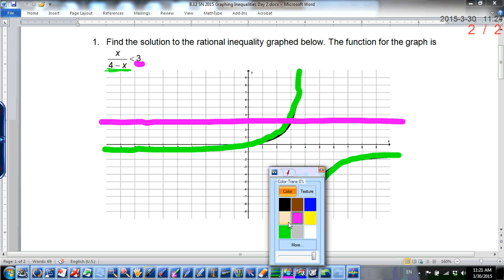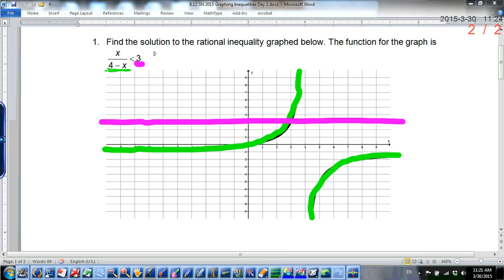All right. So what this is asking us for is for what x values is, in my case, I chose green, but depending on what color you chose.